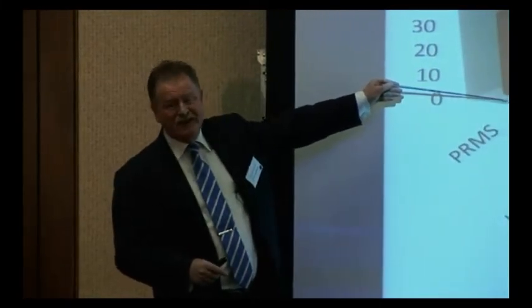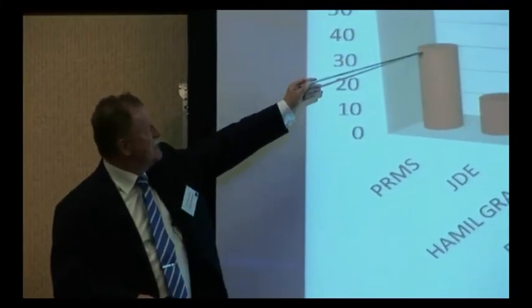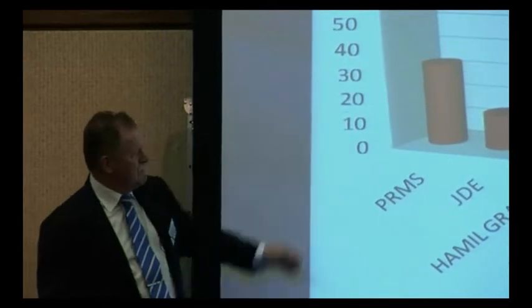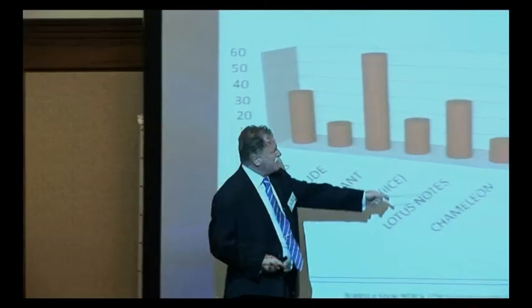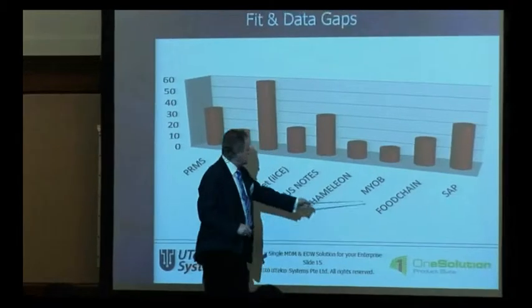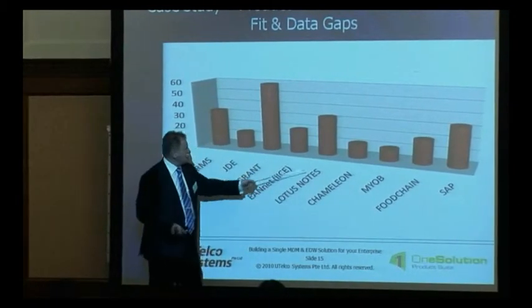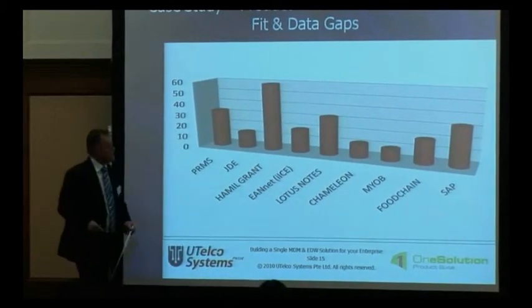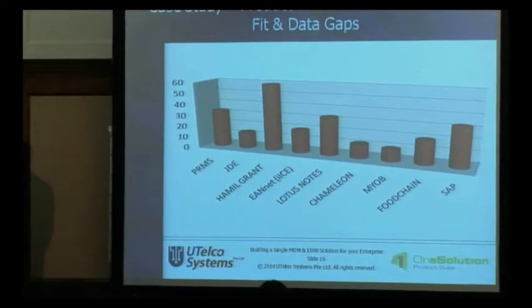But the existing product master from our next phase, phase 1.2, PRMS, had a 30% fit. SAP had a 30% fit. Now some of these that they're using as the product master had less than 10% fit to product requirements.